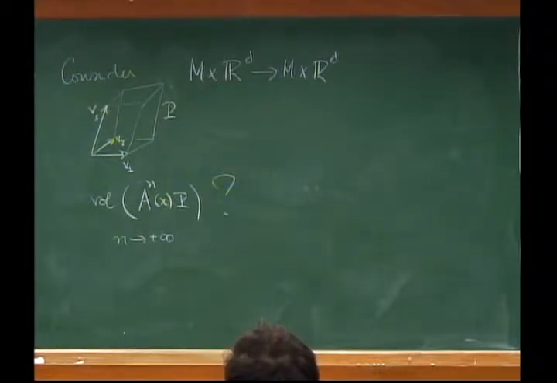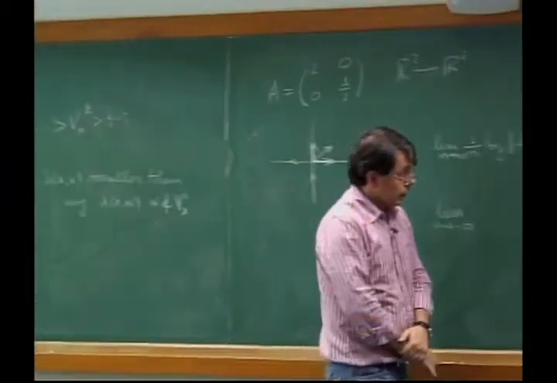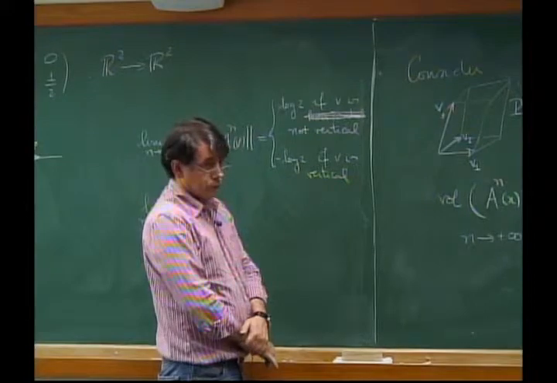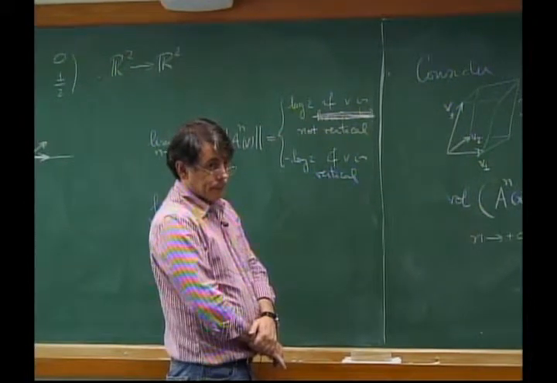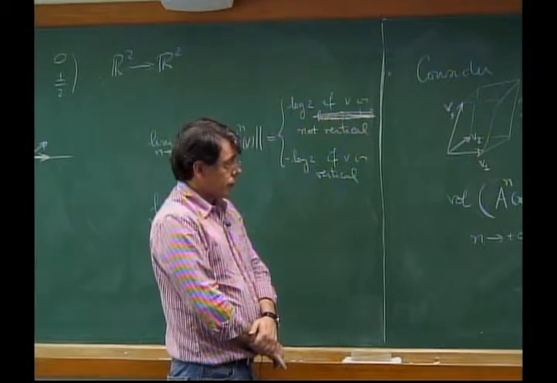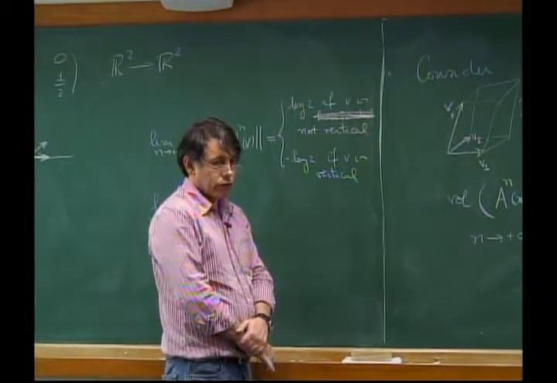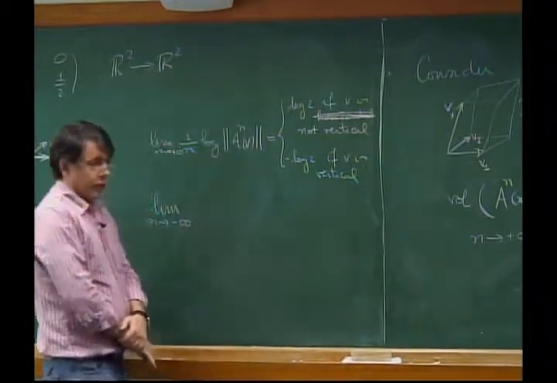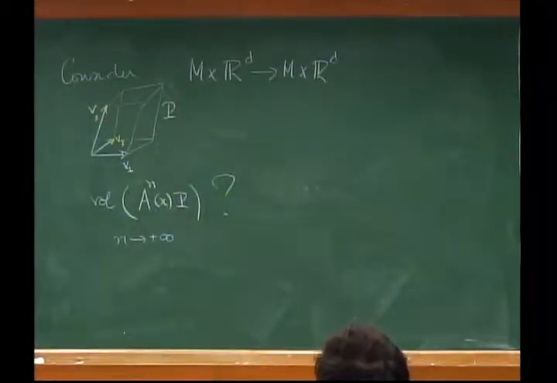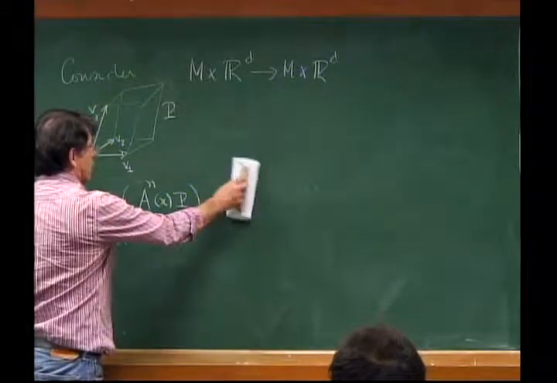I look at the linearly independent vectors, I look at the parallelogram that they define, and I want to know how the volume grows. Why do we start from dimension 3? Just as an example. I want to practice my 3D pictures. It won't make any difference how many vectors.